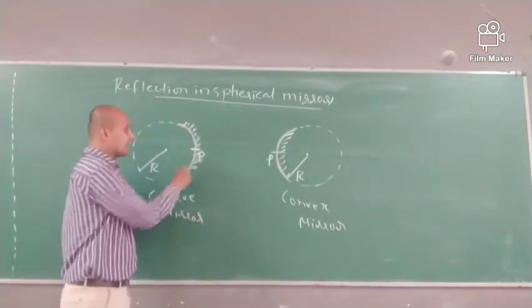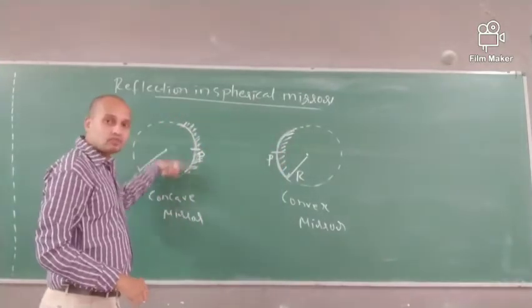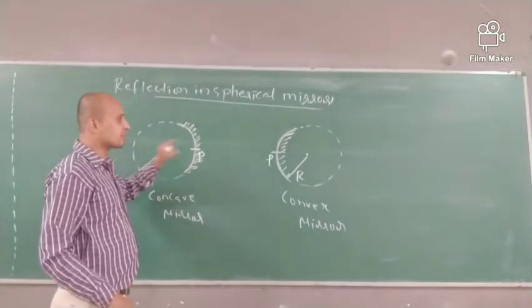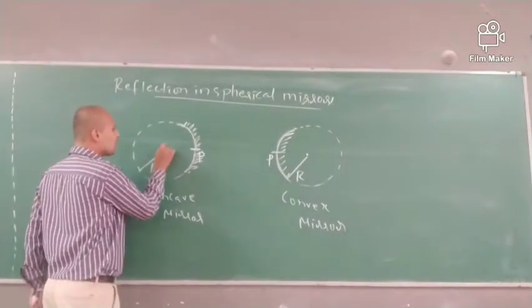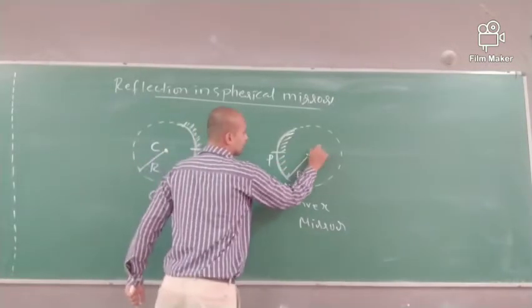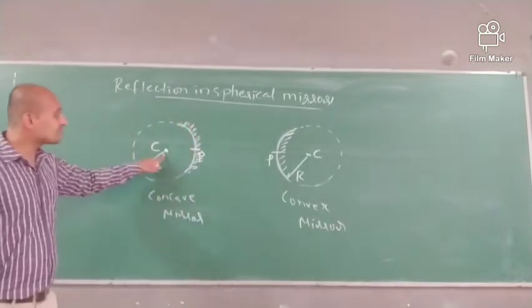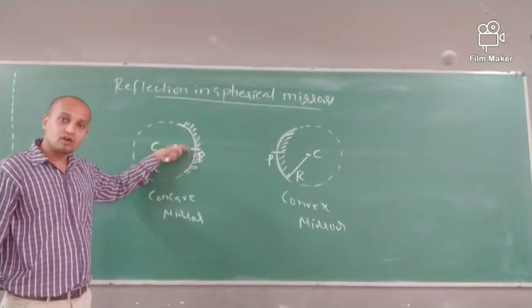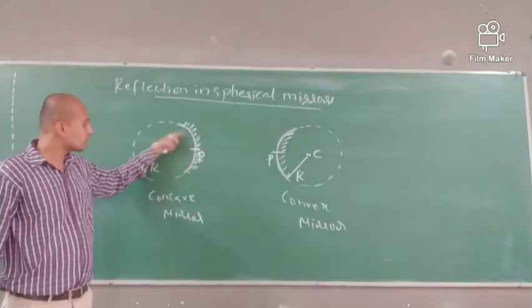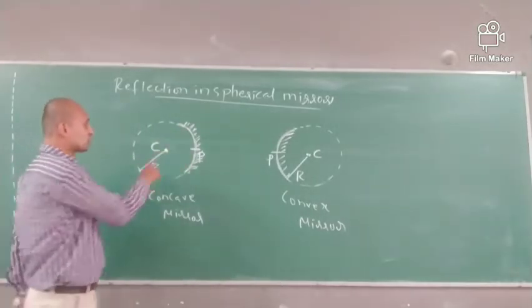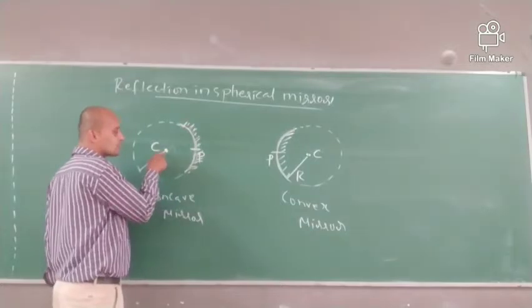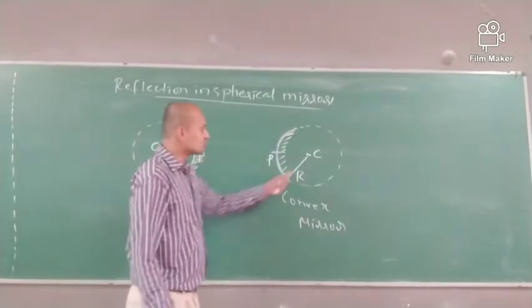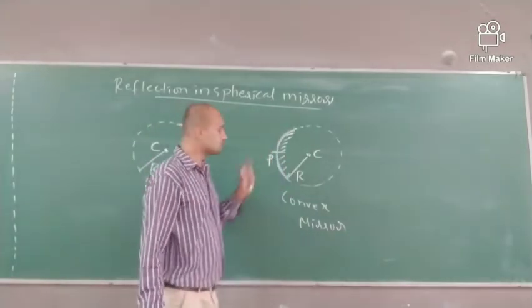The pole is the midpoint of the mirror, which divides the mirror into two parts. Then C is the center of curvature of this mirror, the center of the circle whose part the mirror is.